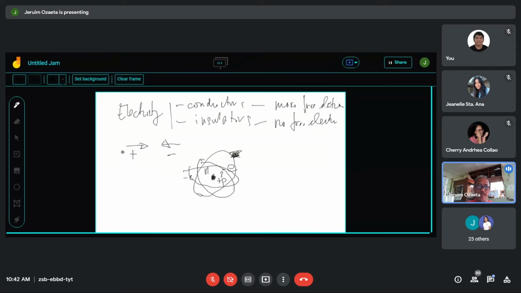So if this is a positive charge Q and this is a negative charge Q, the force of attraction between them is given by the value of k times Q1 Q2 over the distance of separation r squared. Okay, so that's the force of attraction.